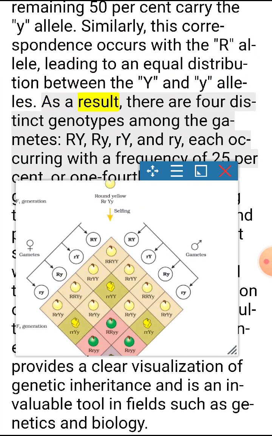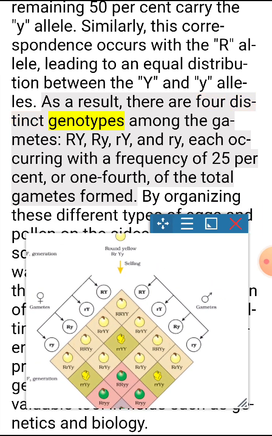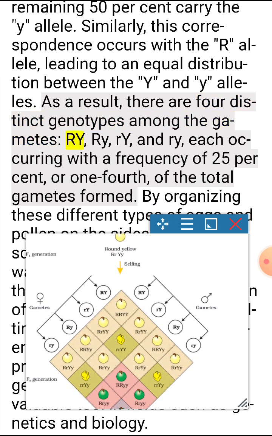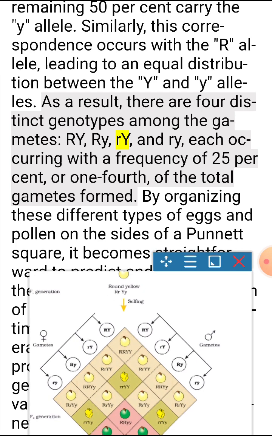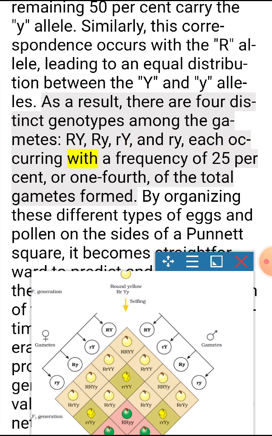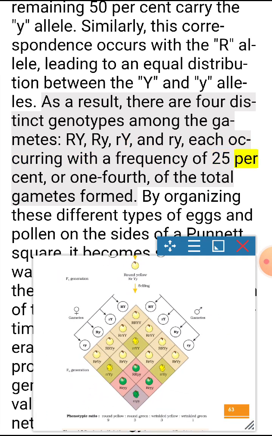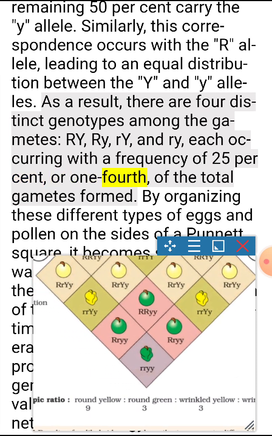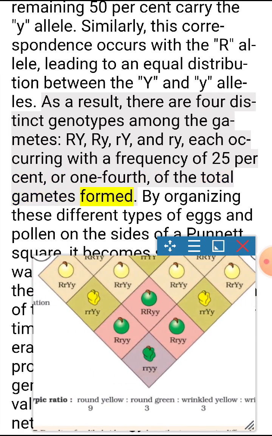As a result, there are four distinct genotypes among the gametes: RY, Ry, rY, and ry, each occurring with a frequency of 25%, or 1/4, of the total gametes formed.